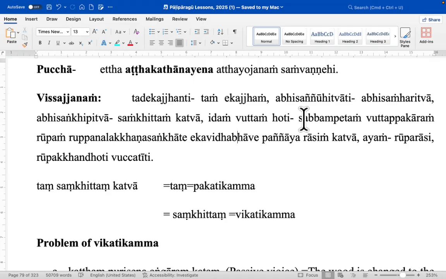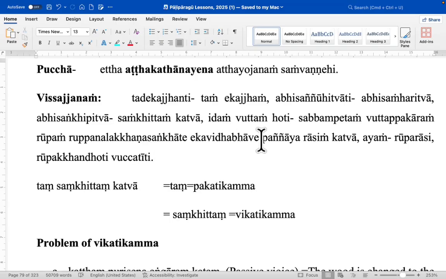What it means is this. Sabbampi etam, all these Huddapakaram, the set or described mode, manner or condition. Rupam, matter, and then Rupana Lakkhana Sankhatam: set as the characteristic of transformation or changing.